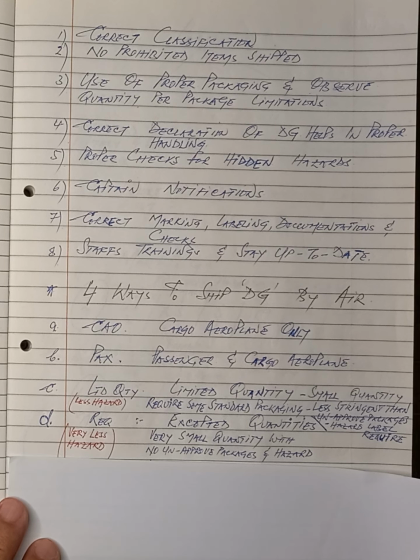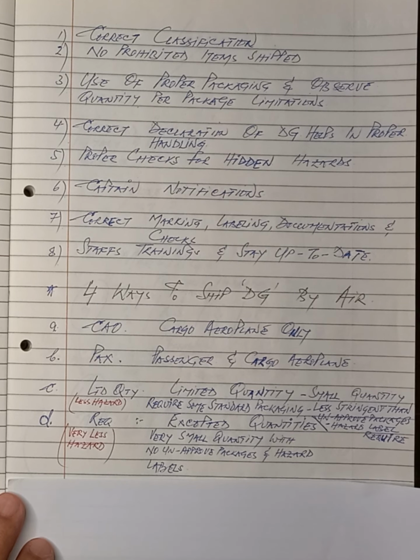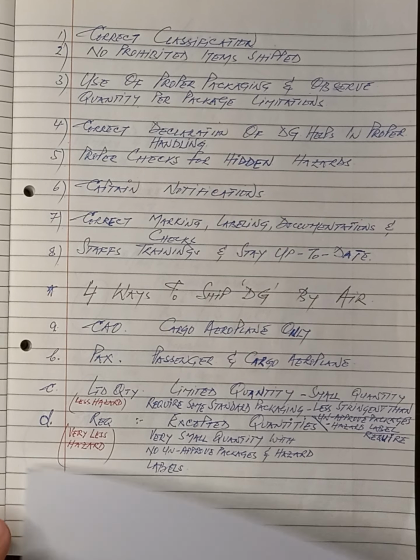And excepted quantity, very less hazard. These are accepted quantities, very small quantity with no UN approved packages and hazard label. Do we require NOTOC for this one? Of course not. Do we require a DG checklist or DGD, dangerous goods declaration? Of course not. You will see on the next stage.